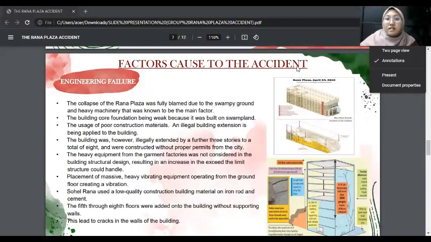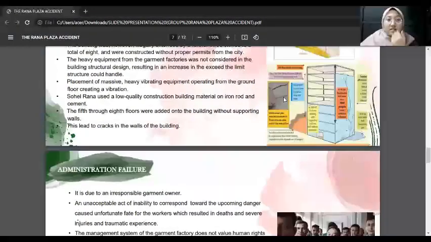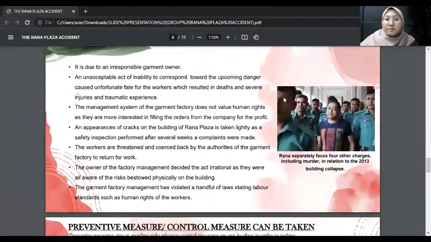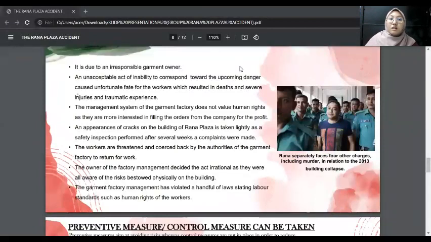As for the next slide, it is about administration failure. It is focusing on the immoral and irresponsible acts performed by the garment factory owner itself.